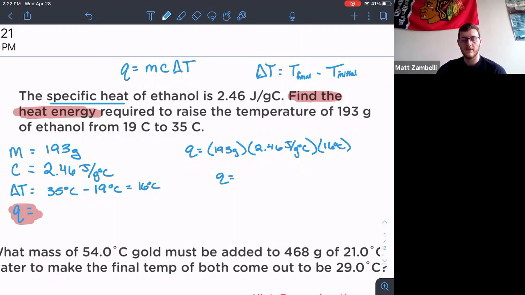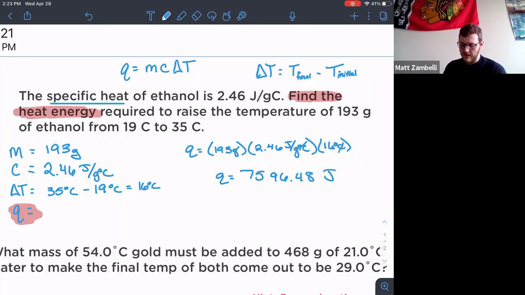Anybody get a Q value for me? A couple people already had it. Awesome. 7,596.48. And that's in units of joules, because our grams got canceled and our degrees Celsius got canceled.